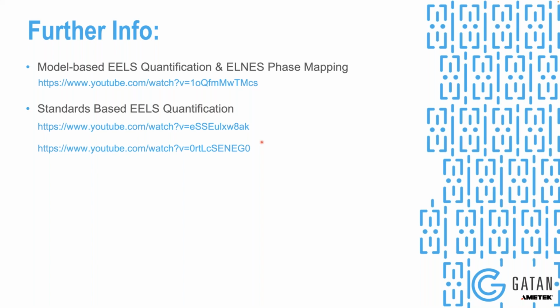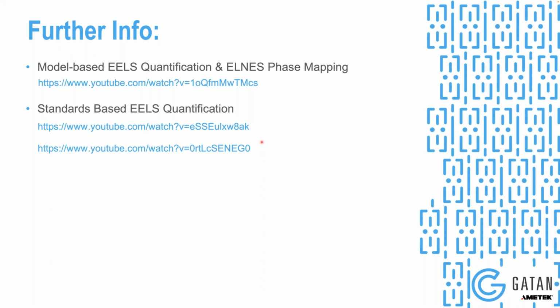Yeah, Liam, we did have a couple of questions. One astute watcher noticed that you were using DigitalMicrograph 3.6 and wanted to know if these features are also in the version that they have. I think they have 3.4, I think they mentioned 3.4.3. Well, DigitalMicrograph 3.4. Yes, good observation.